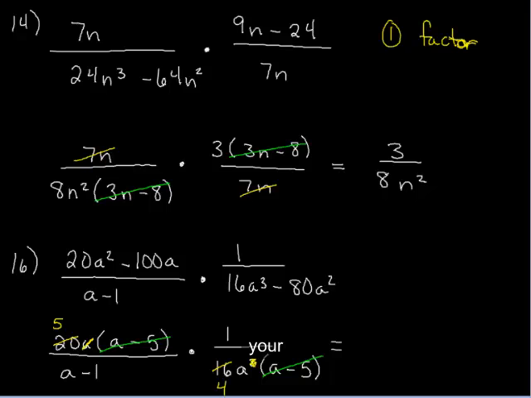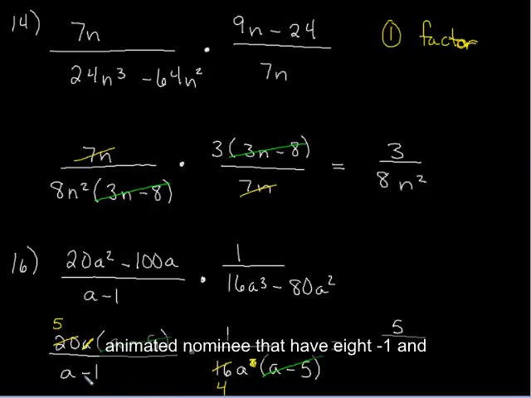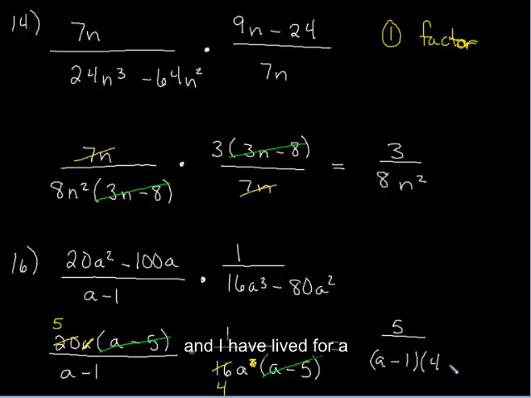Yeah? No? Okay. Then when I look at what I have left, in the numerator is a 5. And in the denominator I have an a minus 1 and I have a 4a. It doesn't matter which order, you can write the 4a in front or the a minus 1 in front, whichever you think looks prettier.